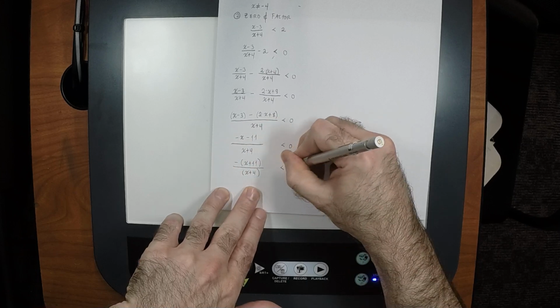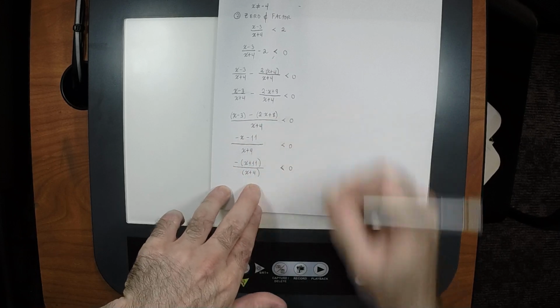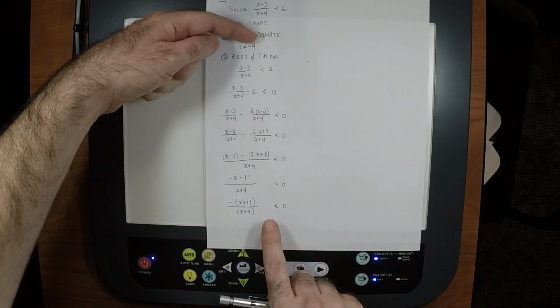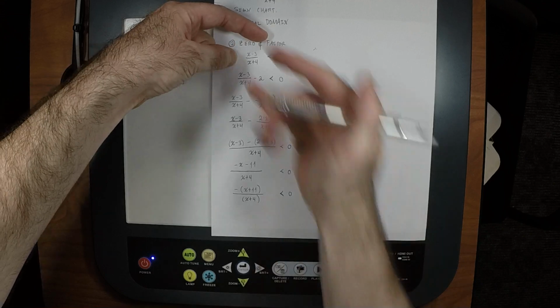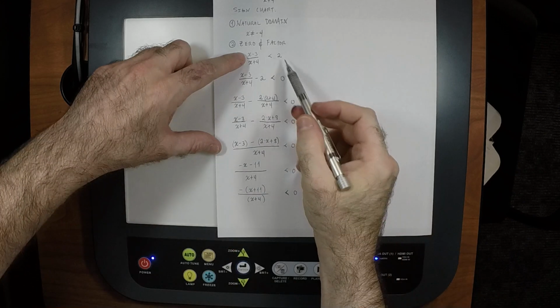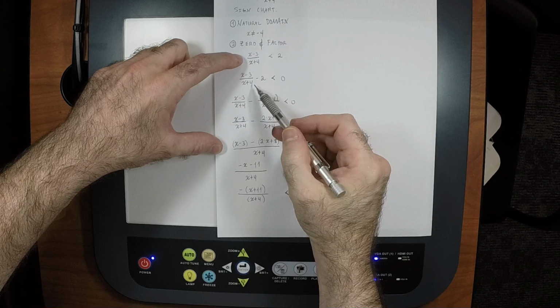All right. Now, we did a bunch of algebraic steps. And I have a question. In this sequence of algebraic steps that's on the page there, how many times did we do something to both sides of the inequality? Exactly once. And it was, we subtracted 2 from both sides, right?